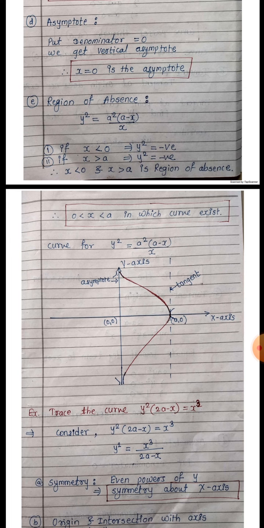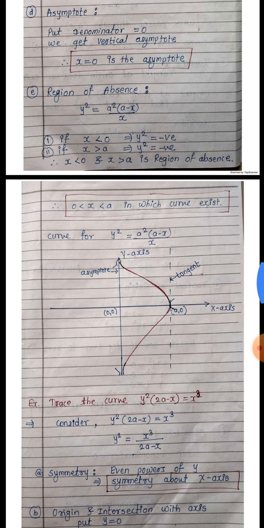Therefore, we get a vertical asymptote, that is x equal to 0, the asymptote parallel to the y-axis. If there is symmetry about the x-axis, the asymptote is always parallel to the y-axis. Therefore, this x equal to 0 is the equation of the y-axis. Here the asymptote is the y-axis itself.